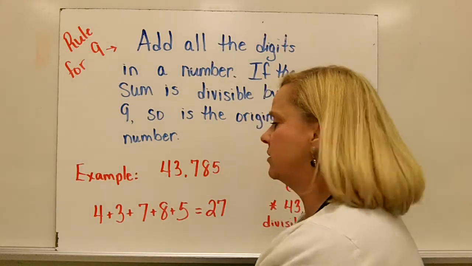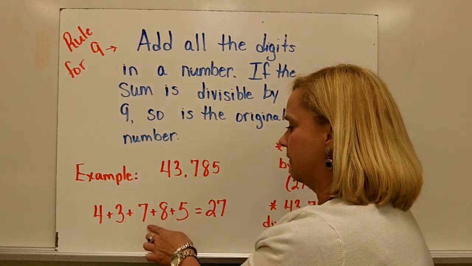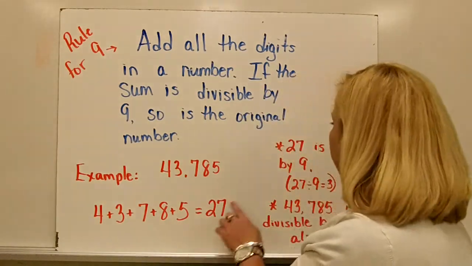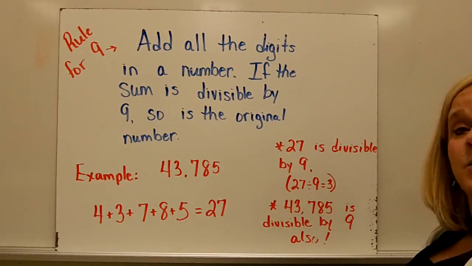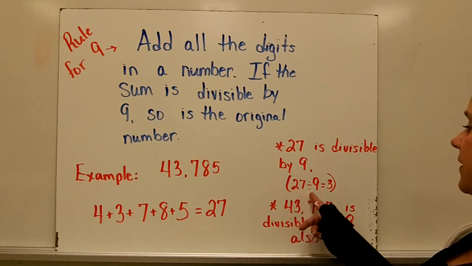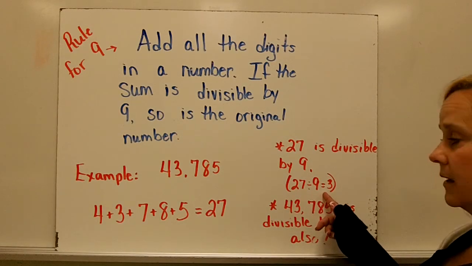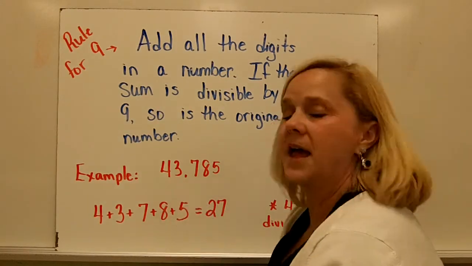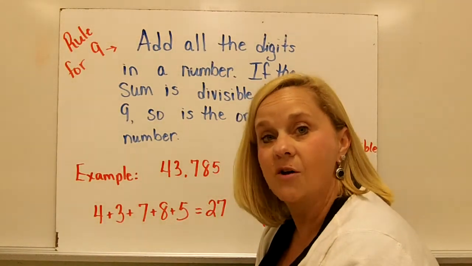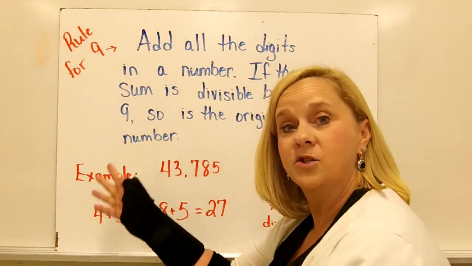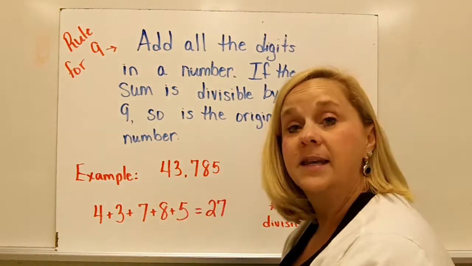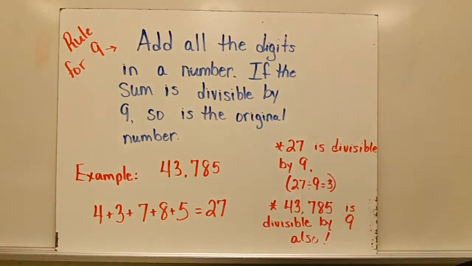If I add up all those digits, 4 plus 3 plus 7 plus 8 plus 5, that equals 27. 27 is divisible by 9 because we know that 27 divided by 9 is 3. So this number, 43,785, is also divisible by 9. It's a quick, easy method to find the divisibility of numbers.